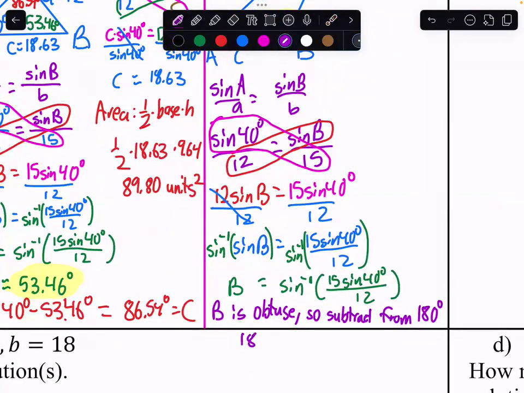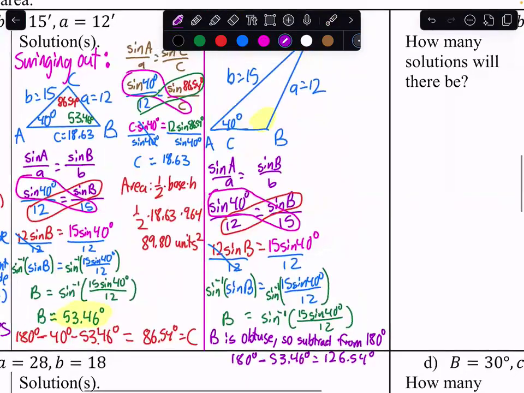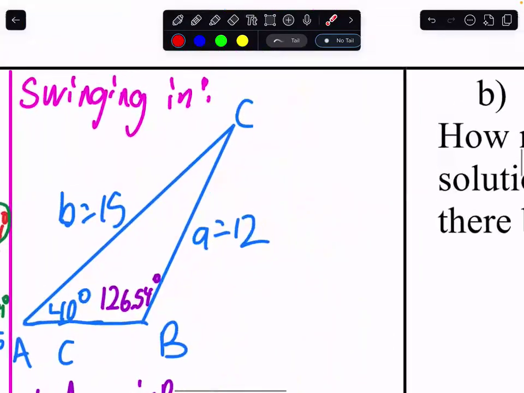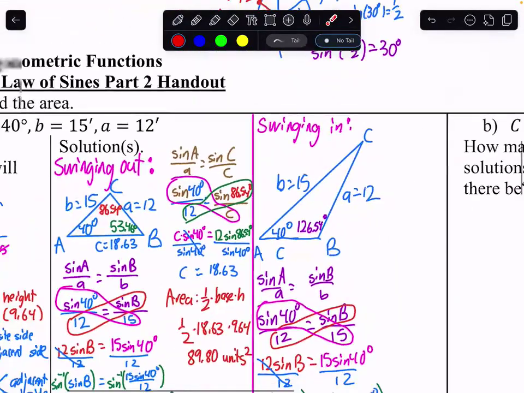Okay, so I'm out of space, but 180 minus 53.46 degrees comes out to 126.54 degrees. Okay, so that angle makes sense, right? Again, Jerry told us angle B is supposed to be obtuse, more than 90. So now it's more than 90. All right, so now the two triangles are different, right?